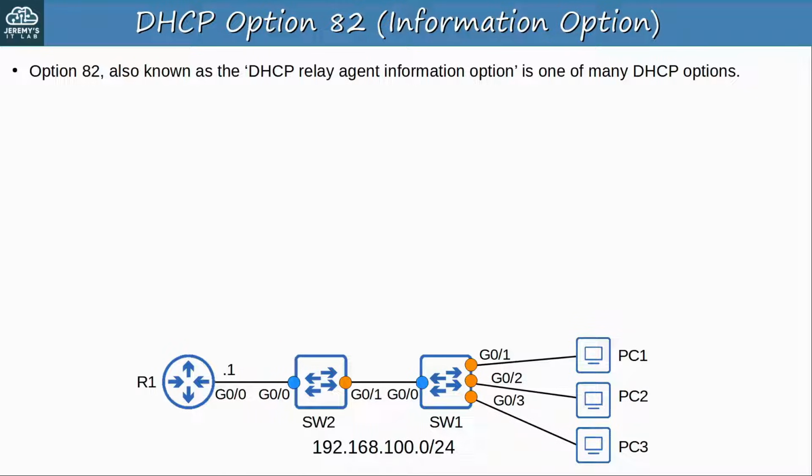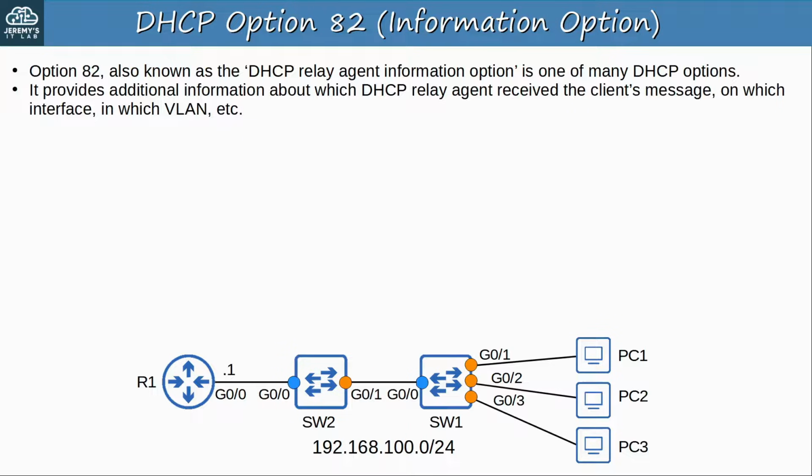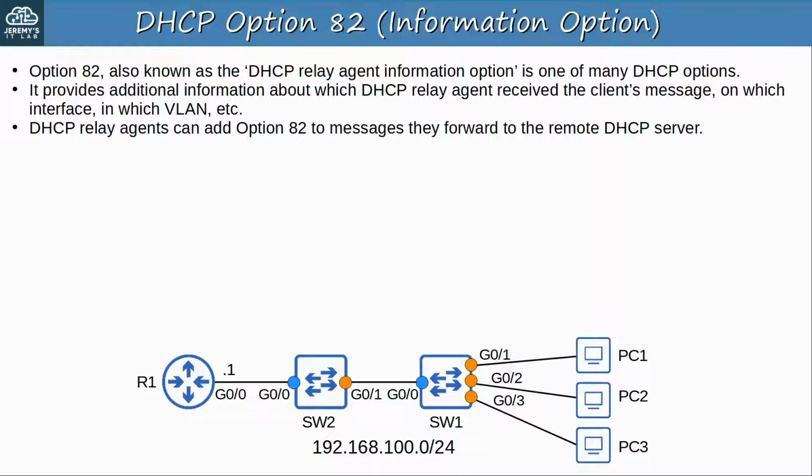Option 82 is one of them. Option 82 provides additional information about which DHCP relay agent received the client's message, on which interface, in which VLAN, etc. DHCP relay agents can add Option 82 to messages they forward to the remote DHCP server.